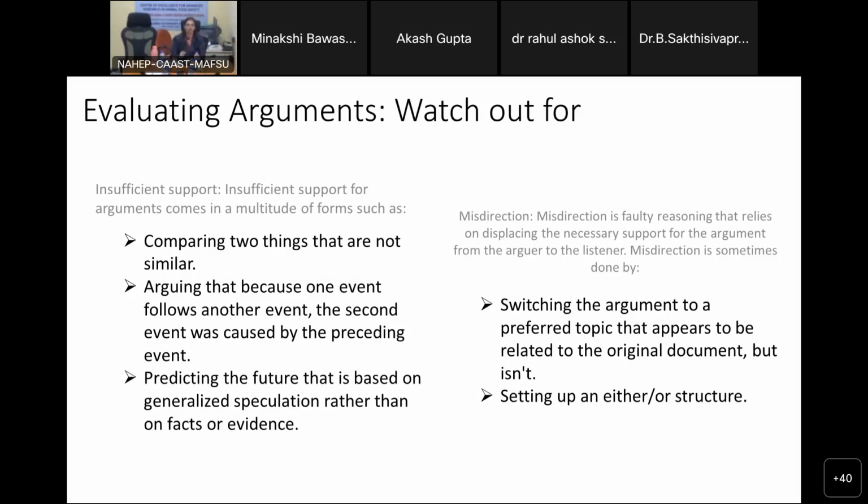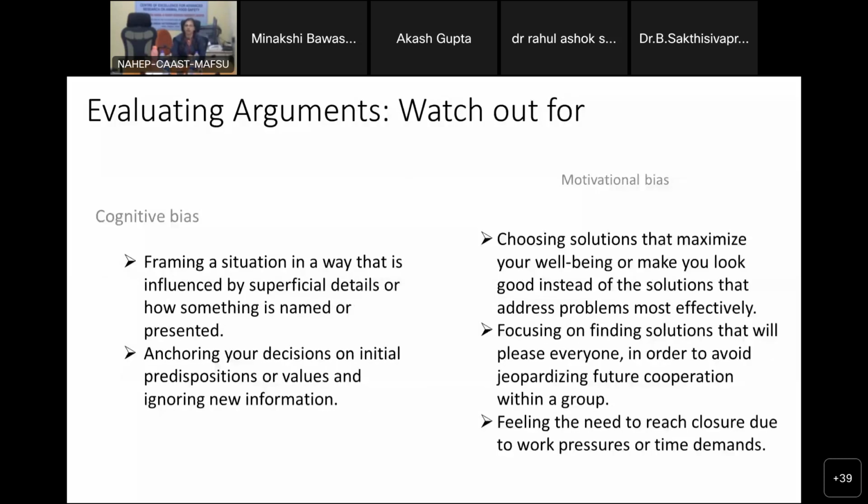So that is insufficient support. You should make the points that these are the reasons why we speak for or against this topic or subject. Yes? Okay.